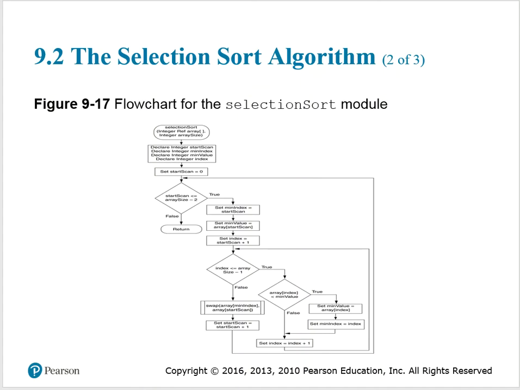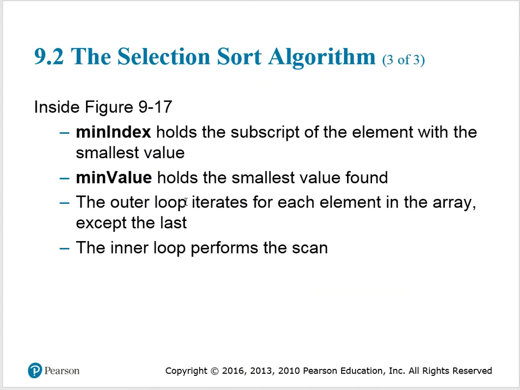Now, inside of that example, which is your figure 9-17, the minimum index is provided. Please refer to your supplement book to be able to see the figure itself. Now it's somehow reversed.